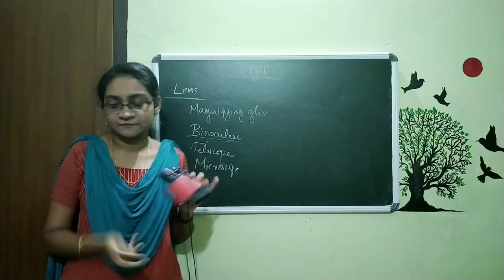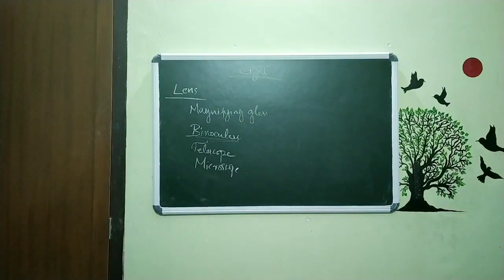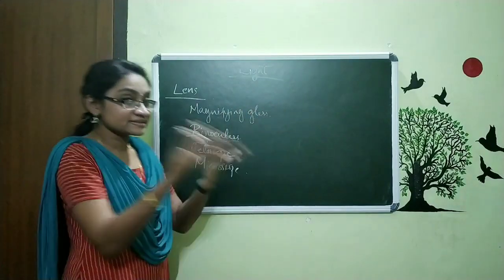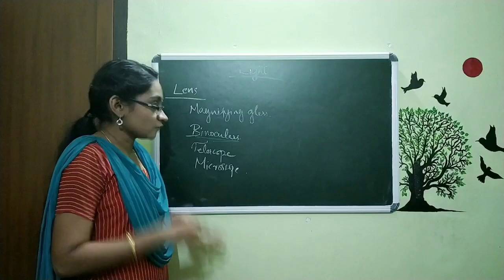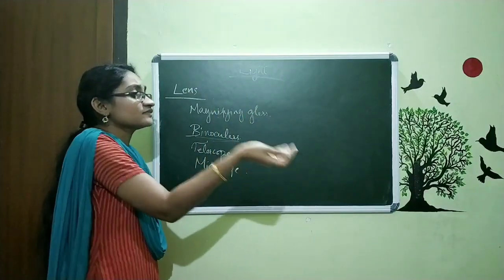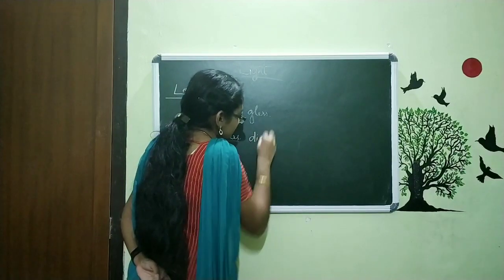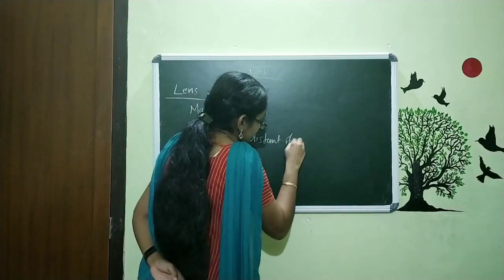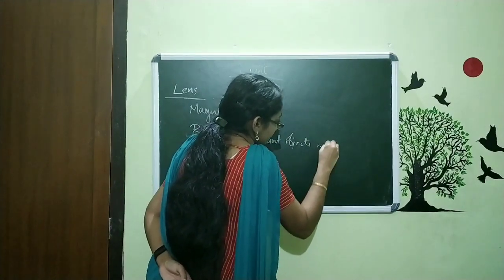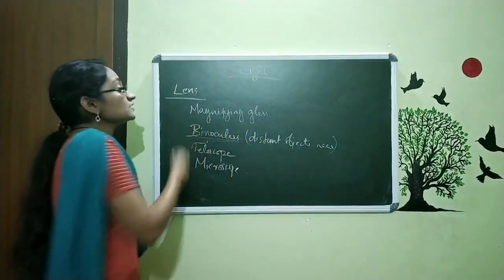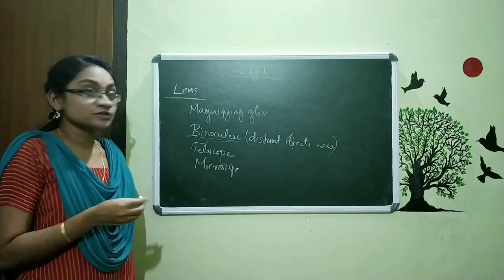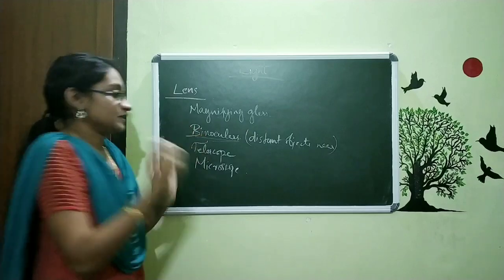We can use this to see distant objects near. And for the magnifying glass, we use it to see small things big.